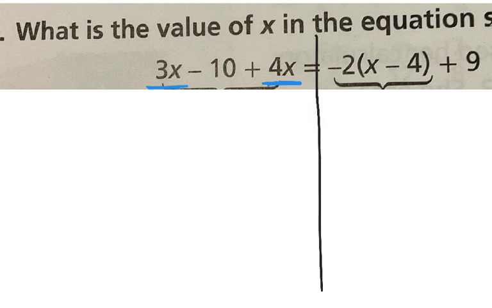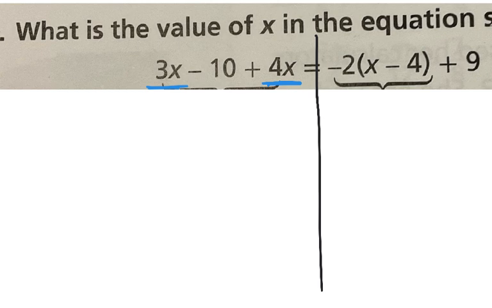Remember, our equation is divided in half by the equal sign. Anything you do to one side, you have to do the exact same thing to the other side. But the difference is, this time, I'm not doing something to a side. I'm just combining things that already exist on the same side.